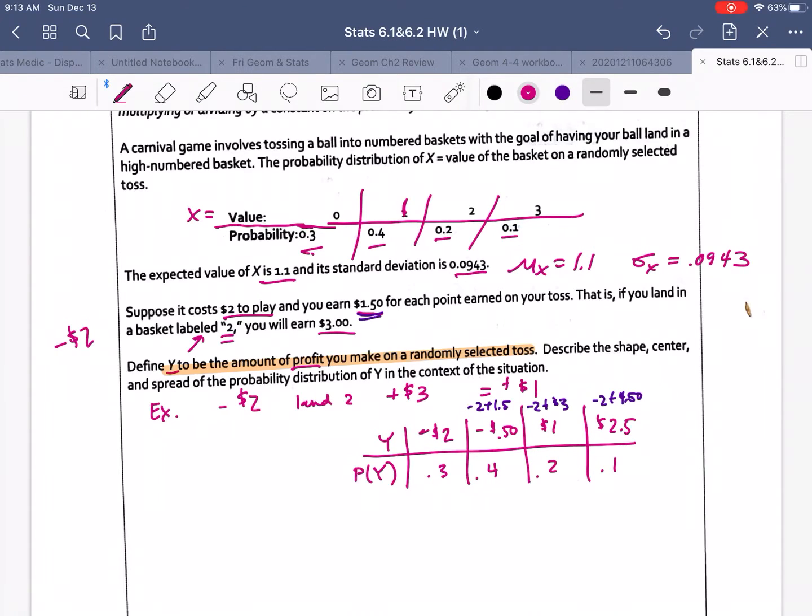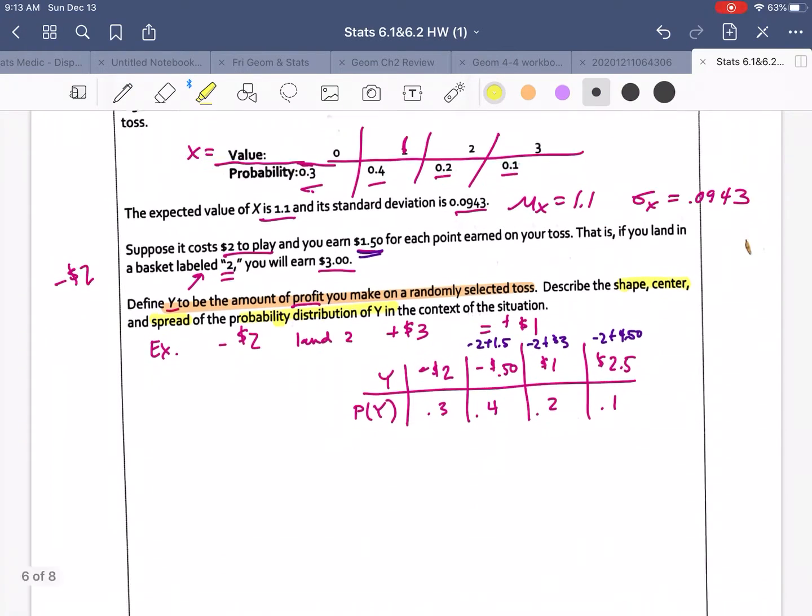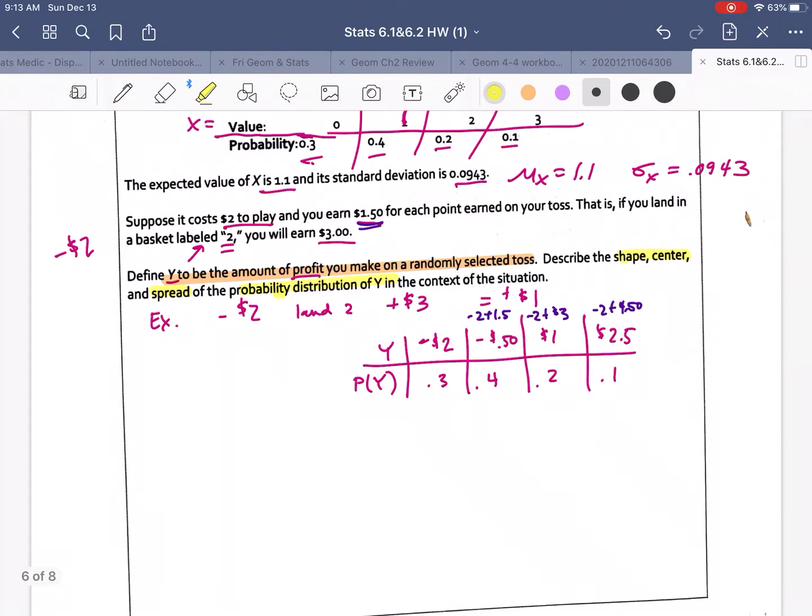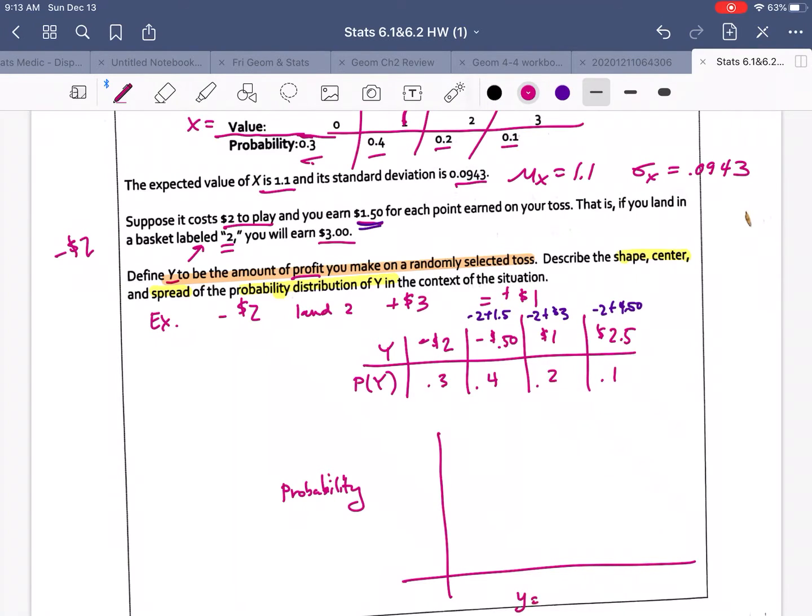We have our setup, and they said, describe the shape, center, and spread of this probability distribution in context. Okay, well, I need to make my probability distribution chart. So this is my probability, and this is my Y, and my Y is my profit from the game.